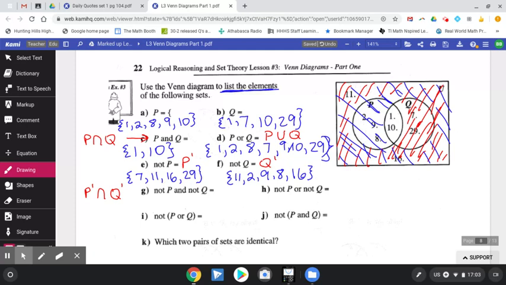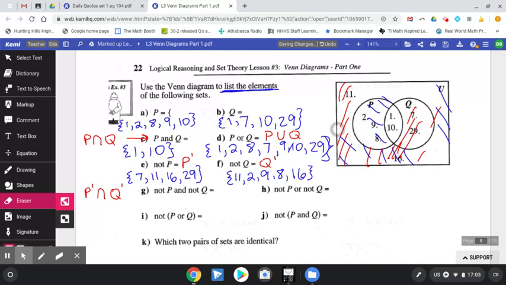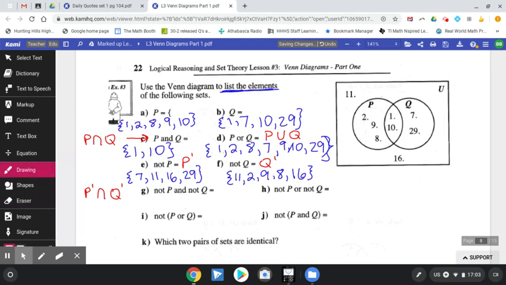And the other way, when it's intersection, is to use the words and think about what the words tell you. You may just want to think about the words that they've given us.